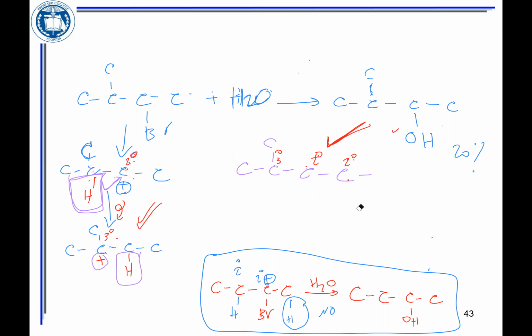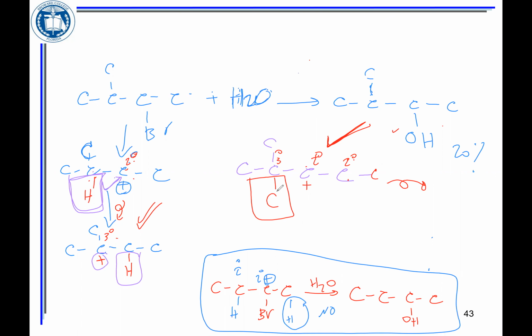That would be the case where you have a carbocation here, you don't have any hydrogen on the adjacent tertiary carbon, but there is a methyl group on this carbon. So a rearrangement can take place, but this rearrangement is not by hydride shift. This rearrangement is by methyl shift.